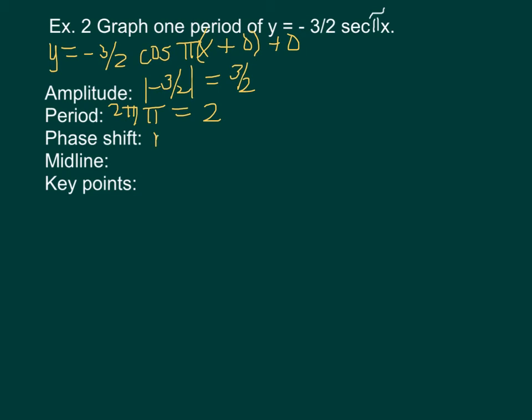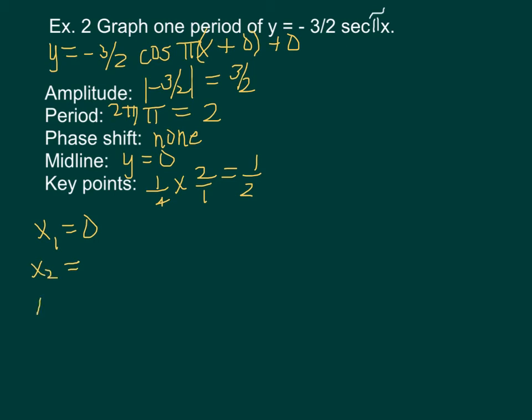Your phase shift is none. Midline is y equals 0. So you're going to do 1/4 times your period, which is 2/4, which is 1/2. So you're going to start your first x at 0, and then you're going to keep adding 1/2 each time.